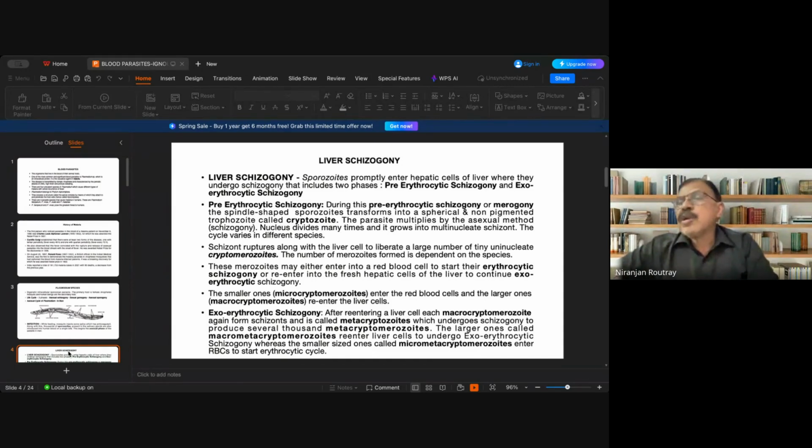Now this schizont, after attaining a certain stage of development, ruptures, breaking away along with the breaking of the liver cell. And this breaking of the liver cell liberates the uninucleate, tiny nucleated cryptomerozoites. That means the daughter stage from the cryptozoite is called cryptomerozoite.